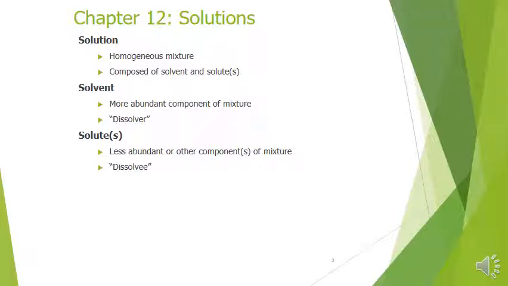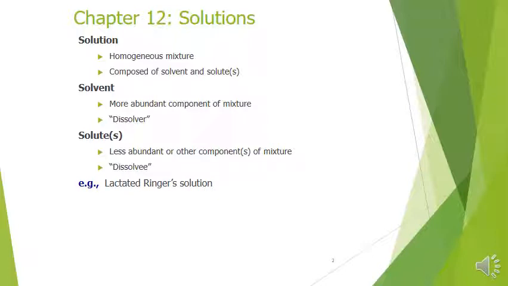Like salt water: the solvent would be water, and the solute would be salt. Since it's a mixture, when you mix the solvent and solute together, their individual chemical properties don't change. Water is still water, and the solute is still the associated solute.